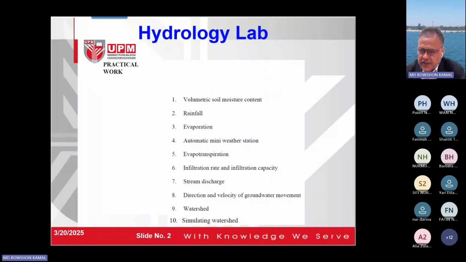One of these, you can see here, is volumetric soil moisture content. I think you have studied two approaches, or maybe more than two approaches, during your lab. Here is volumetric. I will explain why volumetric soil moisture is important.